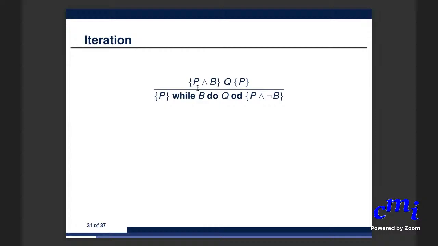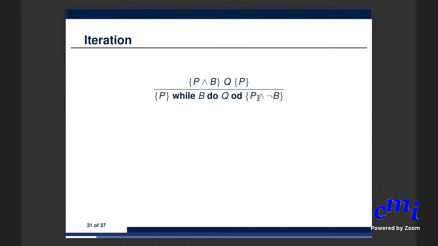Here P is the loop invariant. And if you can propose a loop invariant, and if that is inductive, then what it says is that upon exit, you know that P is true and not B is true. Now that is something that you can guarantee. This may not be the strongest one.